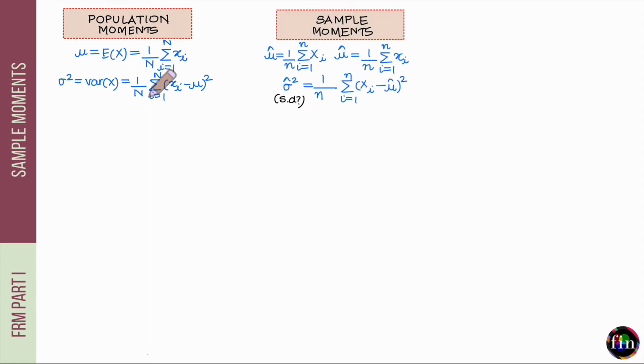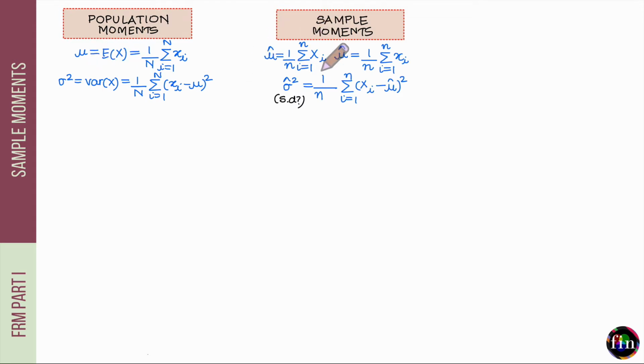In practice, please note that we do not have access to the entire population, and hence we work with a rather small sample, let's say, whose size is denoted by lowercase n. We use the information coming from the sample to estimate the parameters for the entire population.